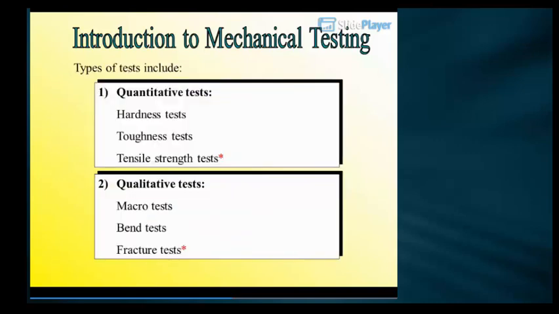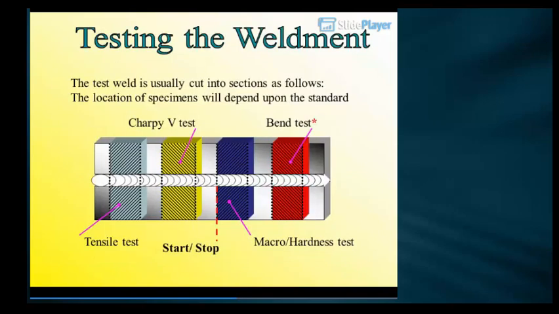Types of tests include quantitative tests: hardness tests, toughness tests, tensile strength tests; and qualitative tests: macro tests, bend tests, fracture tests. Testing the weldment. The test weld is usually cut into sections as follows.